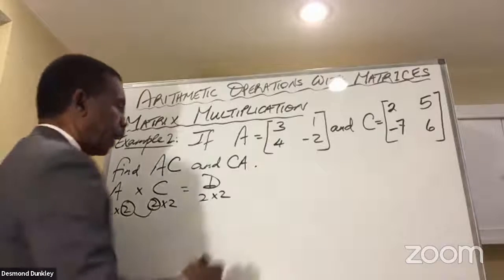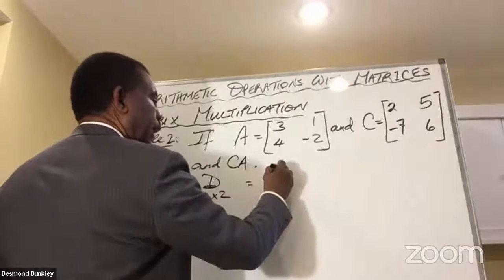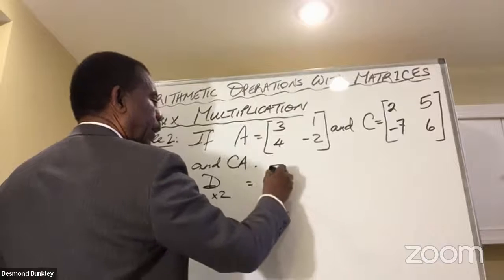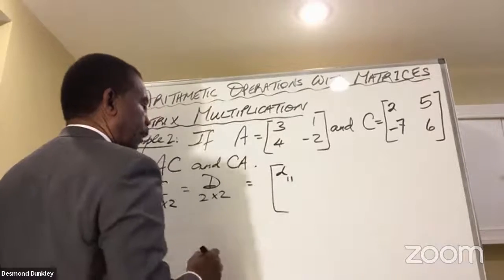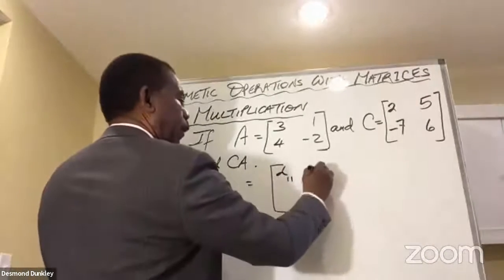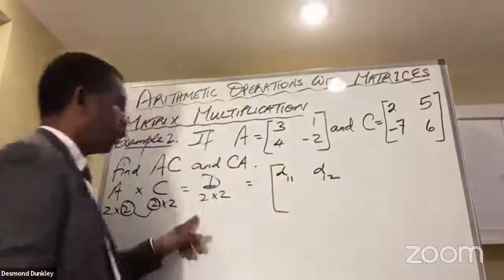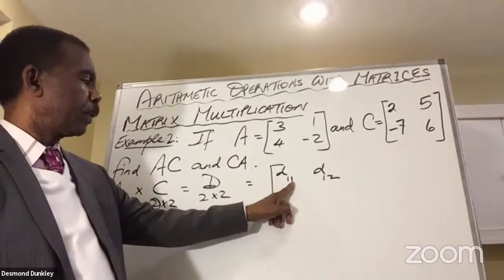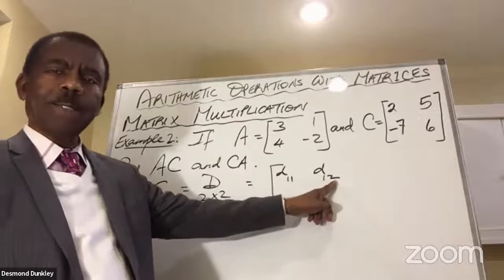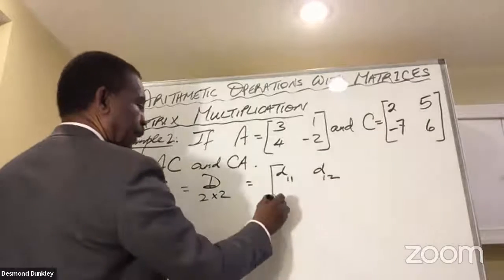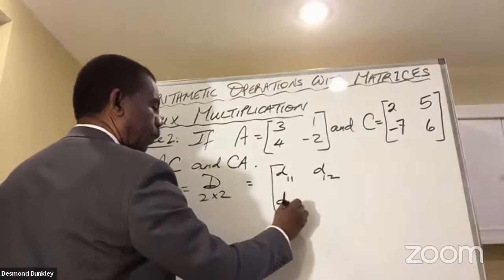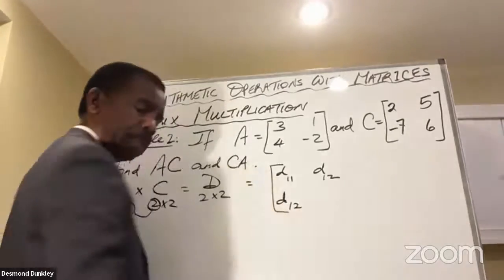Okay? So now, D is going to be D11, D12. Notice first row, first column, first row, second column. Sorry, I lied.